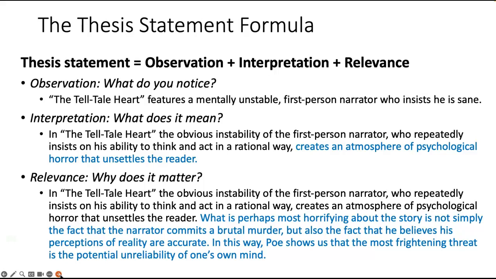In this way, Poe shows us that the most frightening threat is the potential unreliability of one's own mind. Right, so here we're moving from a discrete observation about the text into a broader statement of its meaning and value, and finally an explanation of why the observation and the interpretation matter.